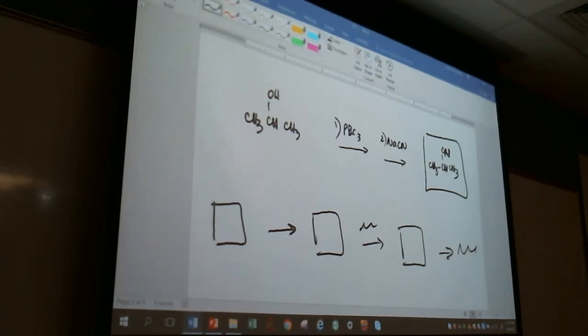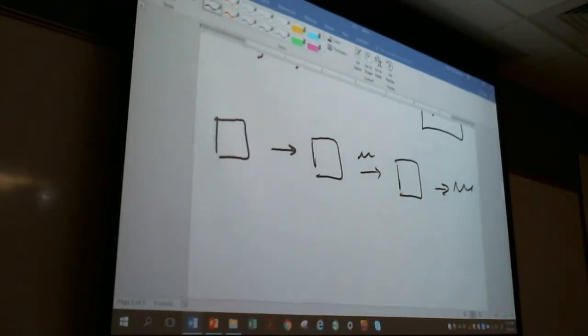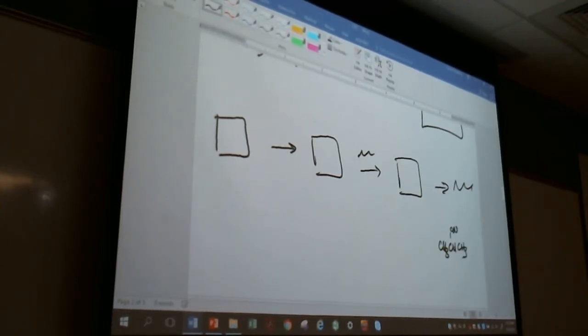Or I could tell you, here's this product, and I want you to make it from starting materials that have no more than 3 carbons. That is very open-ended. Any starting material you want.